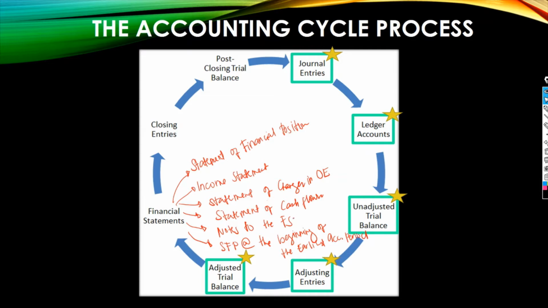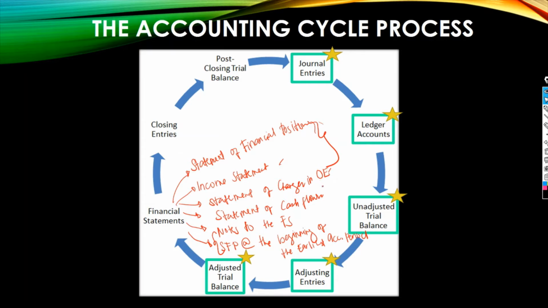For the last two, or the last set of financial statements, we will be covering those in higher accounting, but this time we will be focusing on these three first: the balance sheet, income statement, and statement of changes in owner's equity.